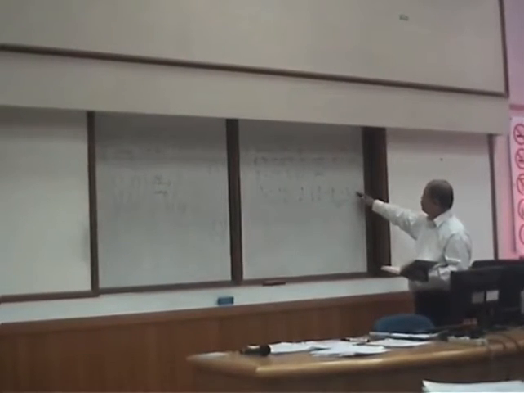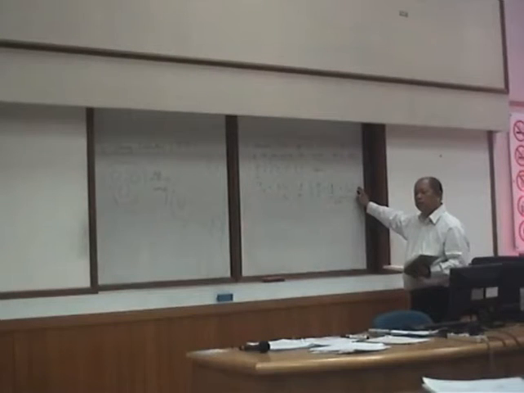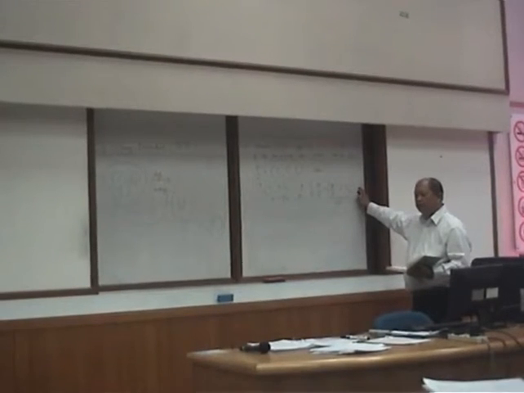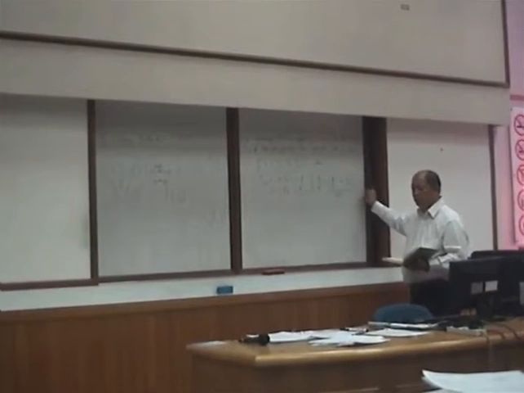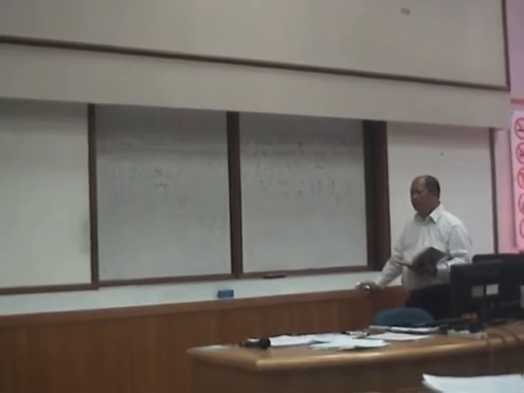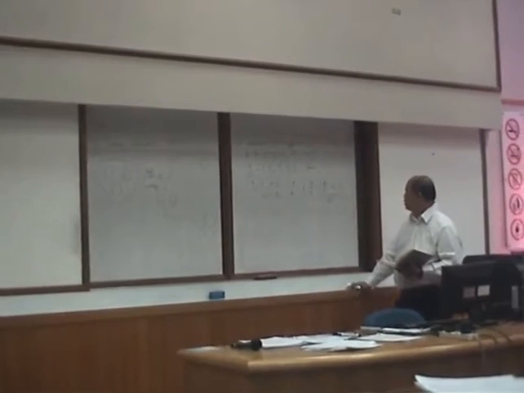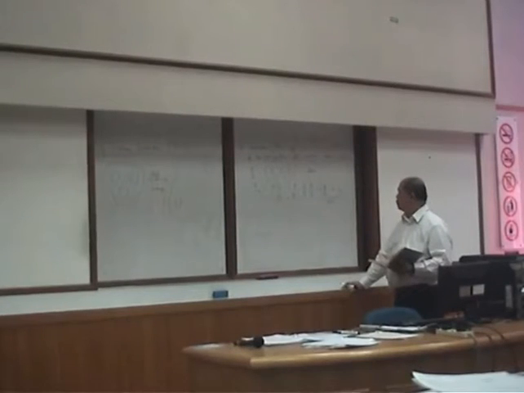Later, when Gell-Mann and Nishijima extended this formula to include charmness, strangeness, quantum numbers, and so on, then only it became extended to strong interaction, or what you call QCD, whereas EM is QED, quantum electrodynamics.